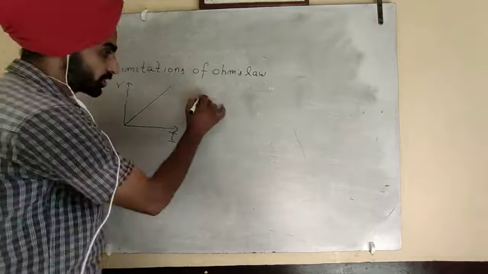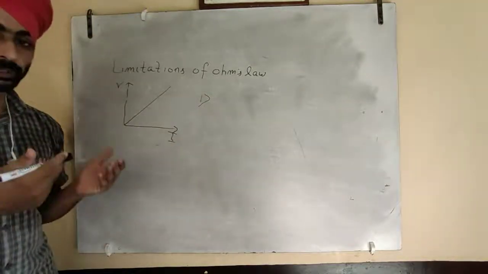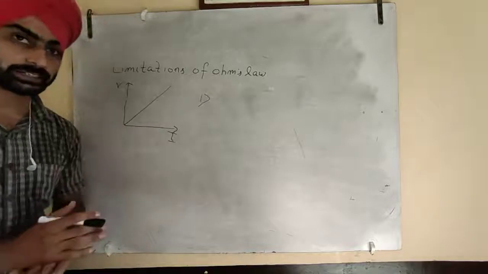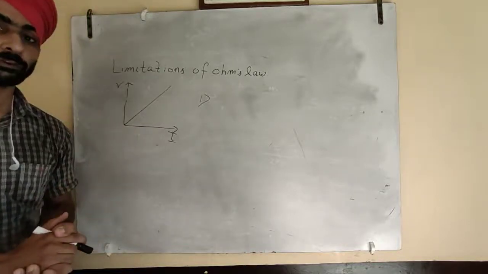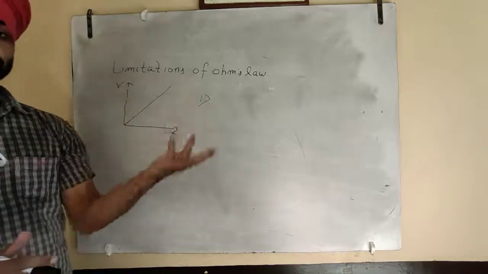So the first limitation is, Ohm's law means the potential difference applied across a conductor is directly proportional to the current flowing in the conductor, but temperature and pressure should be constant.